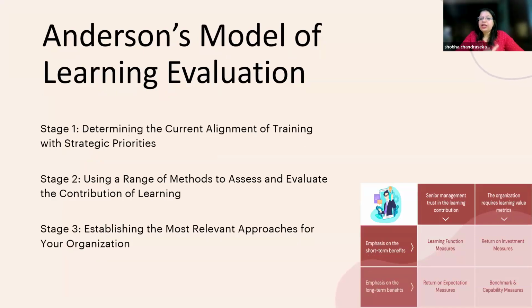In Anderson's model, you always work with the senior management. You ensure that you have their buy-in. They are equally your partners when you are looking for the learning method, whichever you choose. So you work hand in glove with the business here.